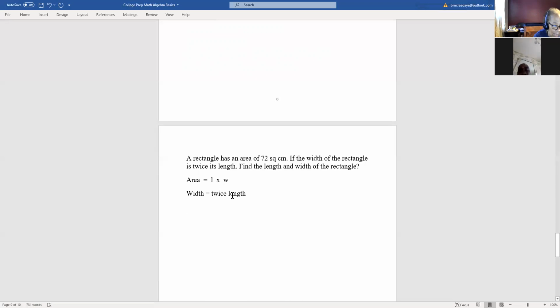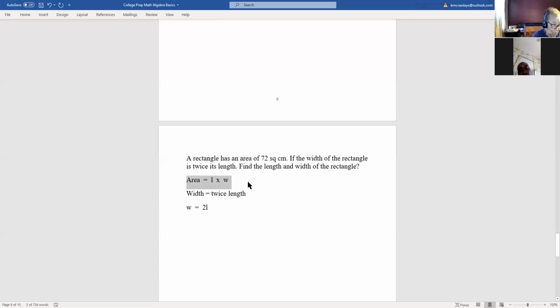On the left I have width. What is that equal to? 2L. That's it. Let me make this a small w, to be consistent. So the width is twice the length. So width equals 2L.